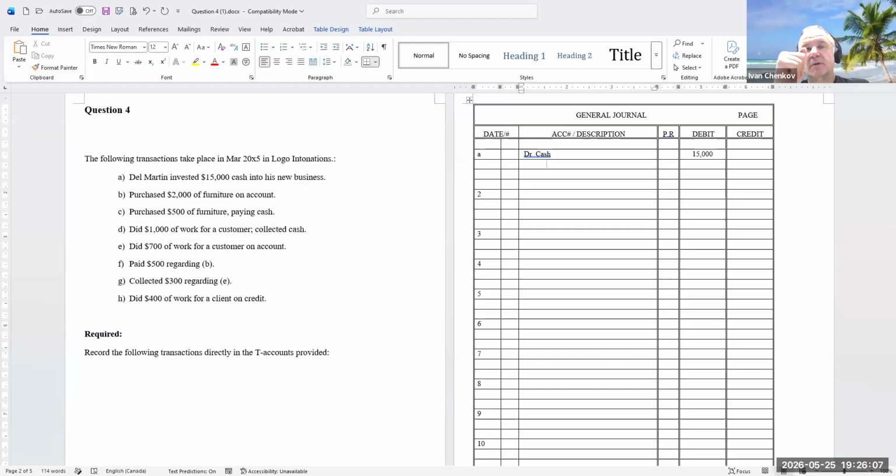So if I want to increase the equity, what do I have to do? Debit or credit? Credit. Let's go credit. And which account are we gonna credit? Owner's equity account or capital. Let's go with owner's capital. That seems the right account. And that will be 15,000.